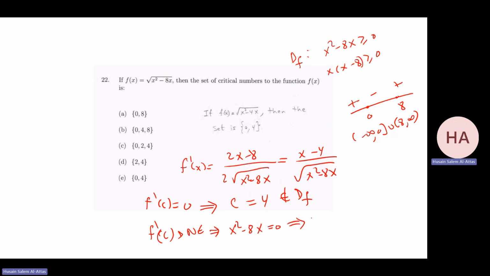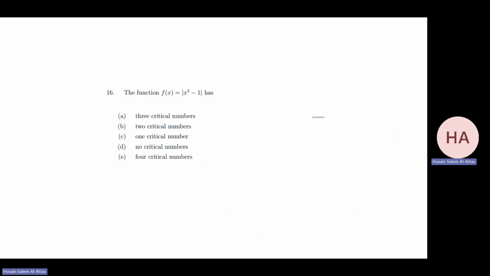That implies x equals 0 or x equals 8, which belong to the domain of f. So what is the set? I have 0 and 8. 4 is not in the domain. This function has so many critical numbers.